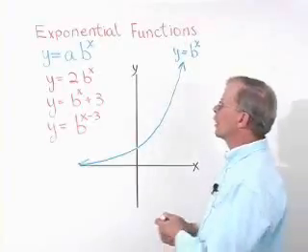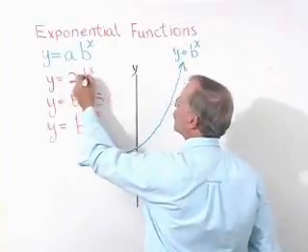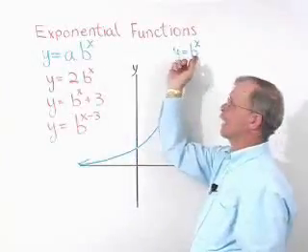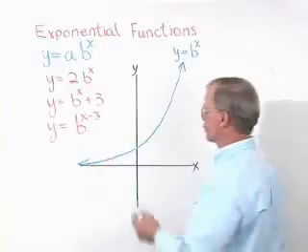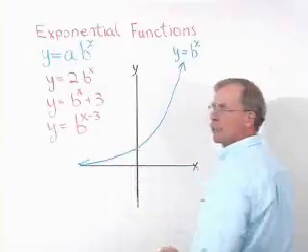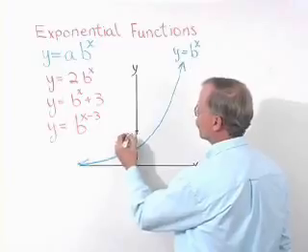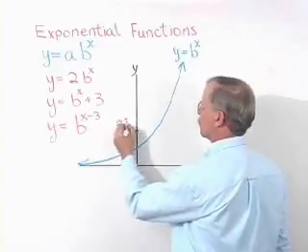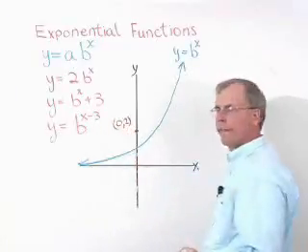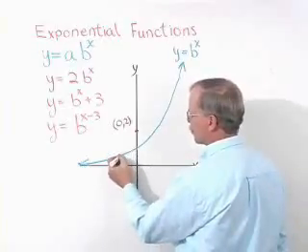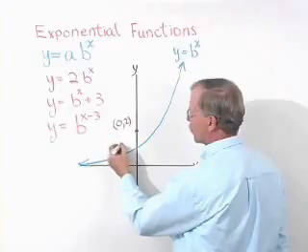First, then, let's see what happens with 2b to the x. What that means is that every y value that we had is going to be doubled. Remember that this point was 0, 1, so it's now 0, 2. And every y value gets doubled, so whatever this one was, it's doubled.